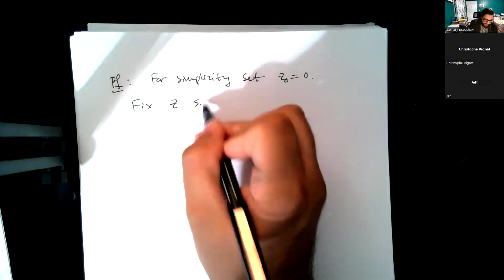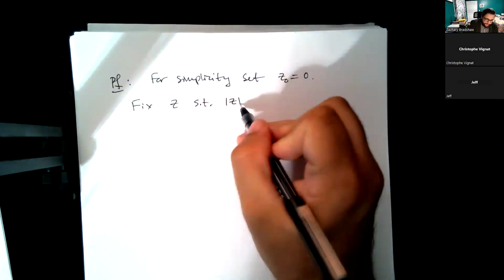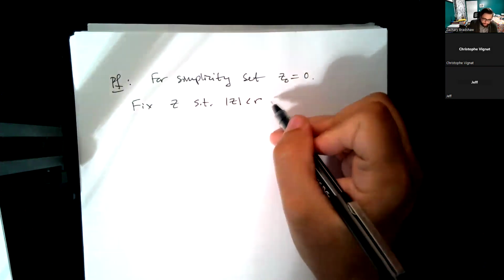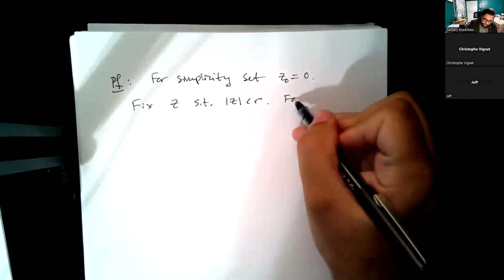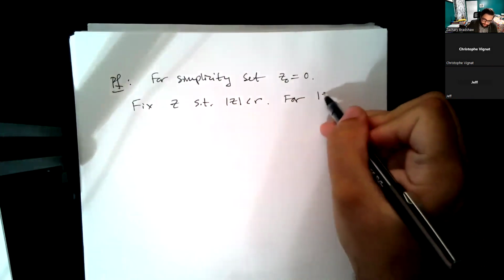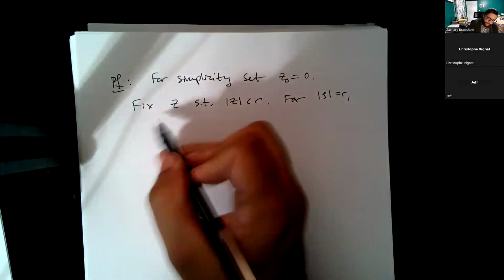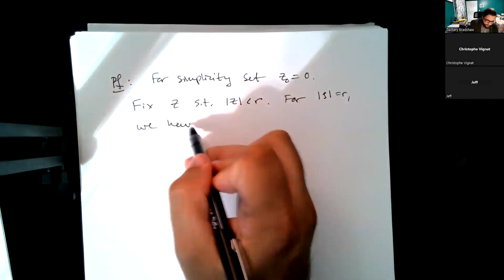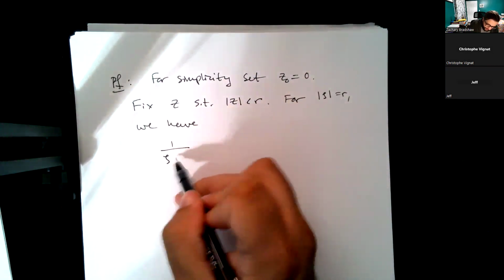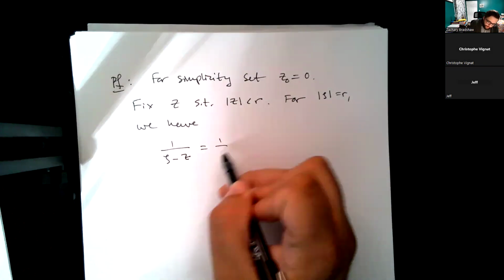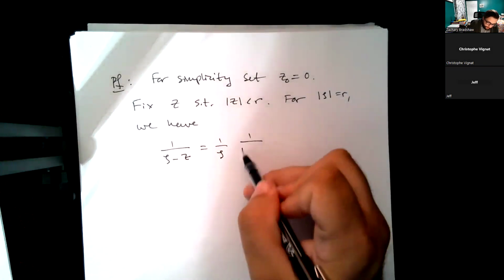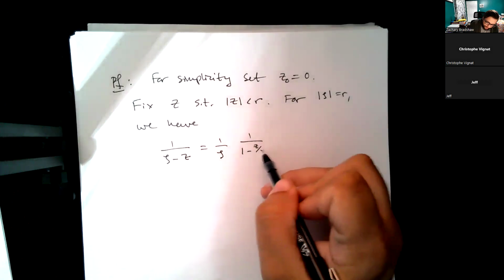Fix z such that modulus of z is less than lowercase r. For the modulus of zeta equal to r, we have 1 over (zeta minus z) is 1 over zeta times 1 over (1 minus z over zeta).